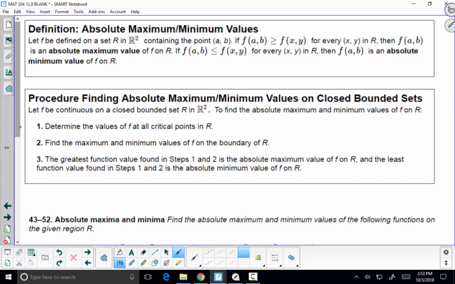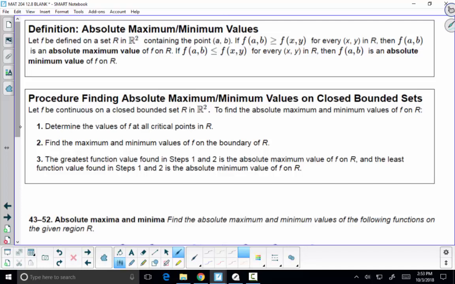Do you agree that this function has no absolute max? You get closer and closer to that open circle, but you never get to a number that is the absolute highest y value, like you do here. There is an absolute max here. This one does have an absolute min, but no absolute max.